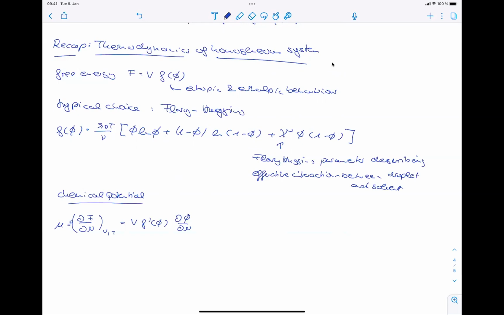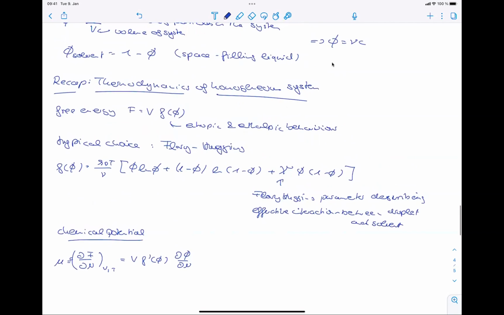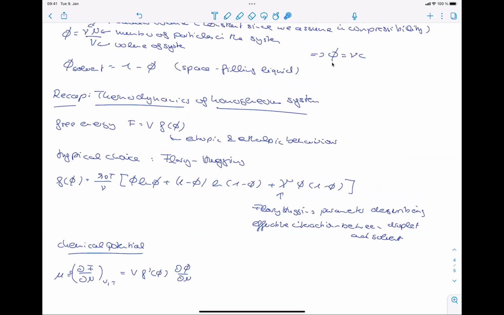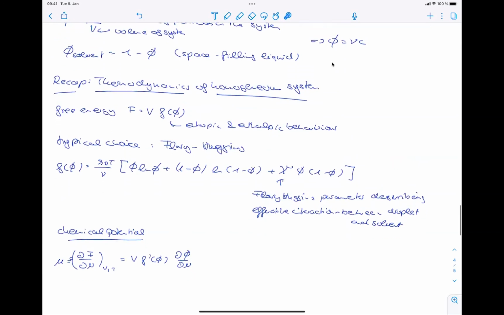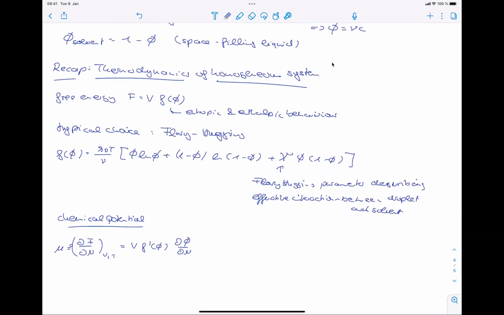And since d phi dn gives a nu over V, the V cancels out, and so we can write this chemical potential as a shorthand as nu f prime of phi.